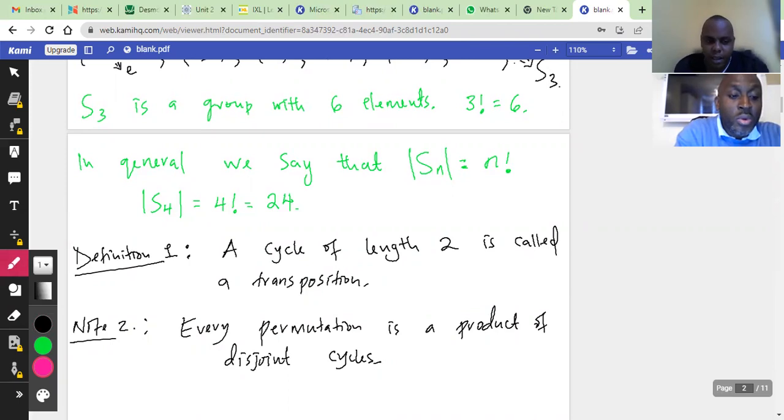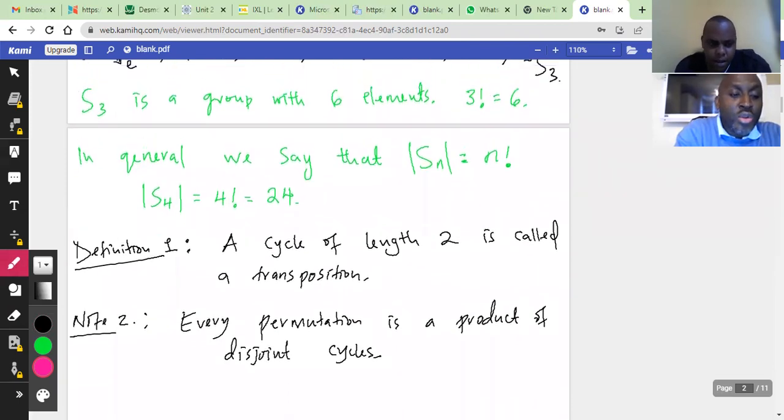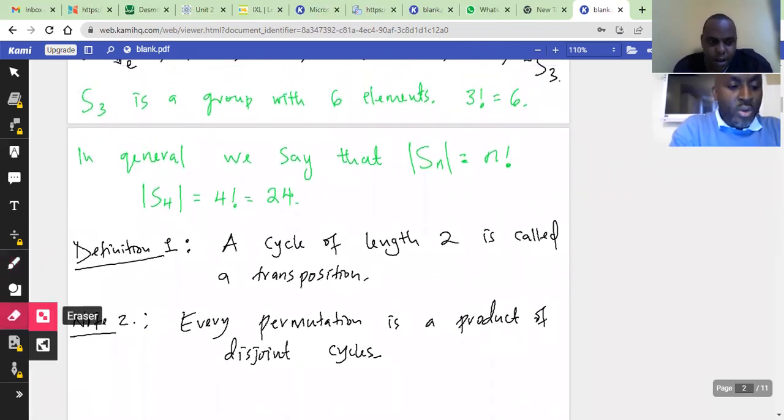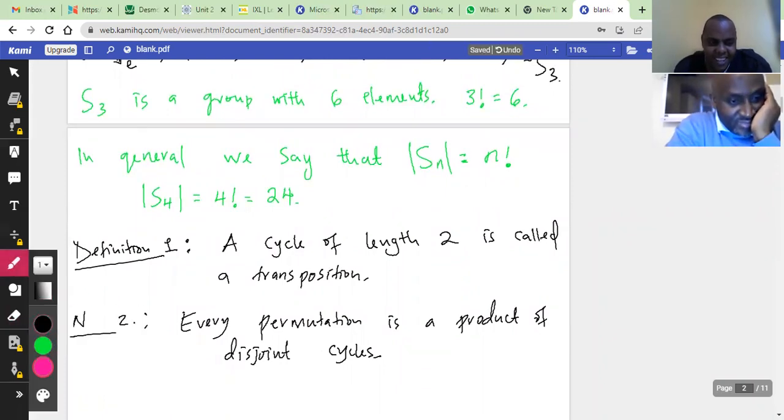Oh, you cannot see it? No, I cannot see the O on the note. Okay, I think it's good now. Yes, very good, so that if somebody wants to know properly.